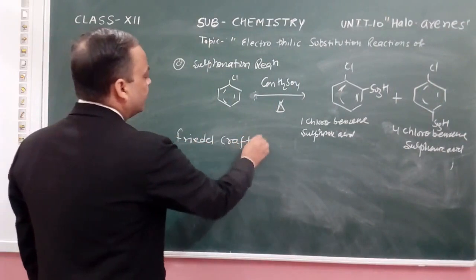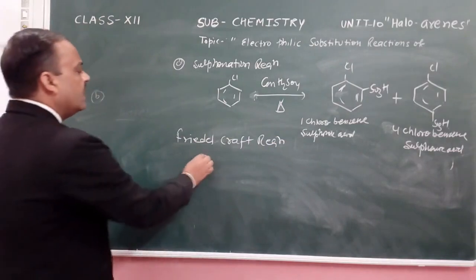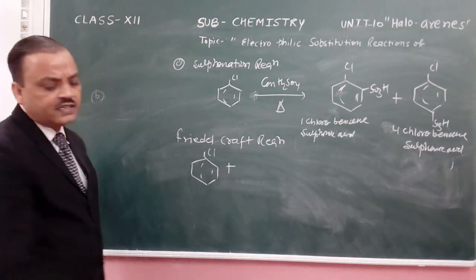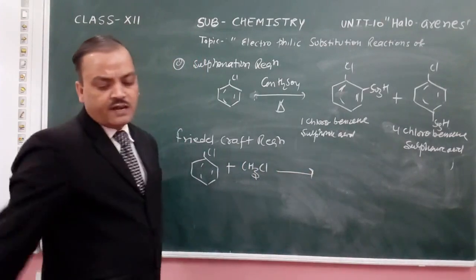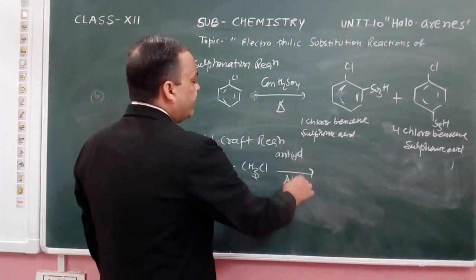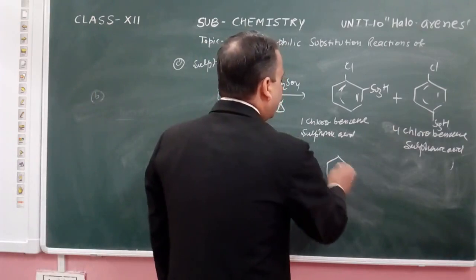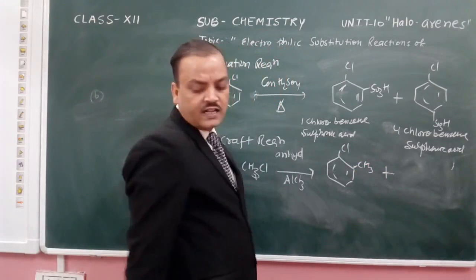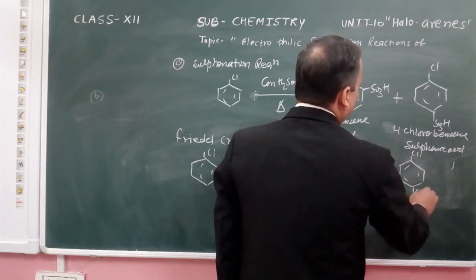In this Friedel-Crafts reaction, this aryl halide reacts with an alkyl halide, CH3Cl, in the presence of anhydrous aluminium chloride, and we get the addition of a CH3 group on the para position.